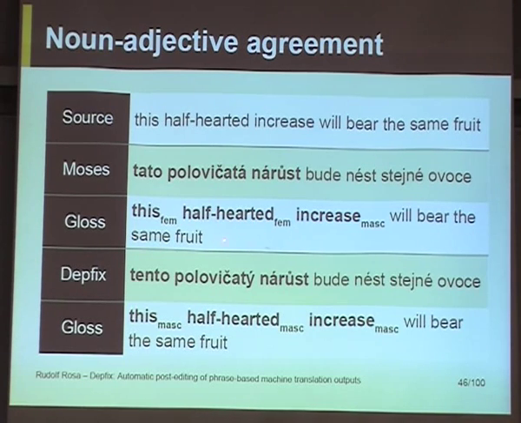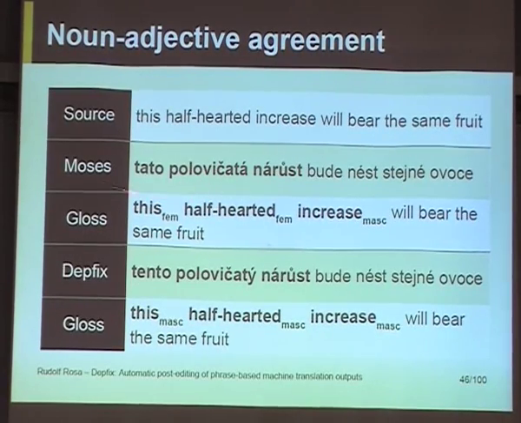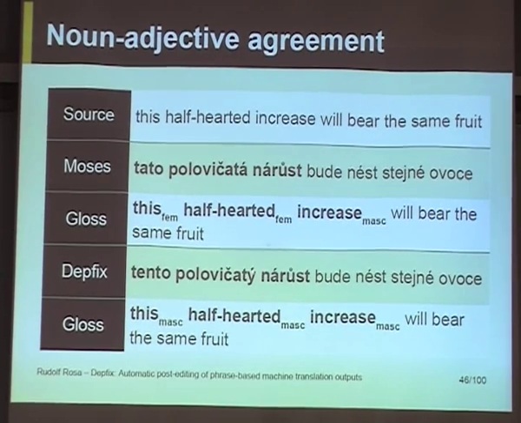But we can do that because, fortunately, our morphological analysis knows the word "polovičatá". The problem is that the gender is feminine here, but it should be masculine, because "nárůst" is masculine, so it just gets generated as "polovičatý nárůst".